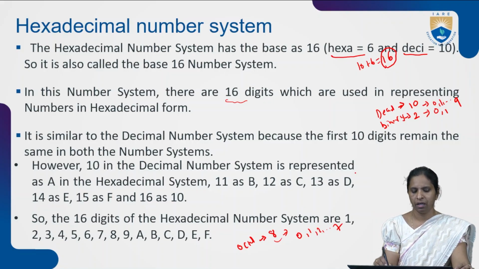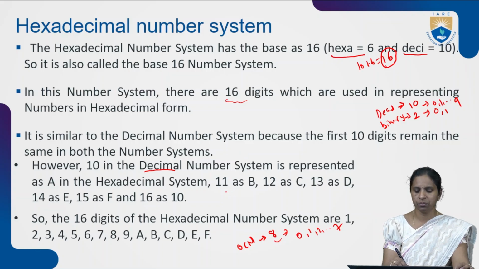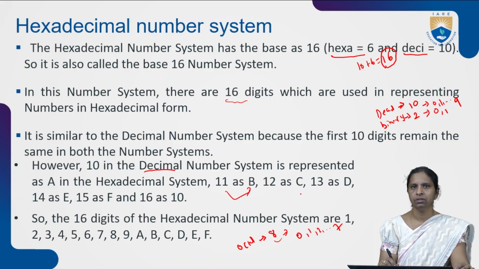0 to 9 as usual for the decimal number system, and to represent 10, 11, 12, 13, 14, 15, we use alphabets.